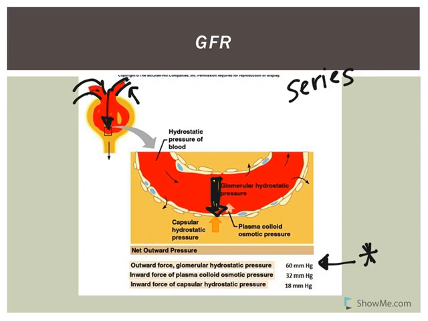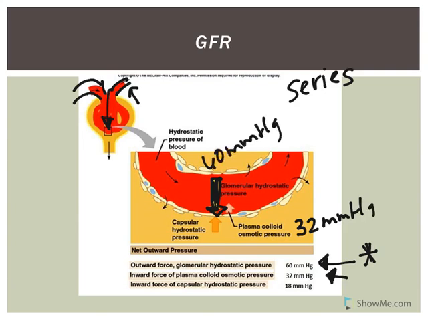capillary, or the plasma, colloid osmotic pressure, because you have plasma proteins like albumins in that blood, and you see here the average, and it does not favor filtration, it favors absorption, is 32 millimeters of mercury. So here, this one's 32. This one is 60 millimeters of mercury.